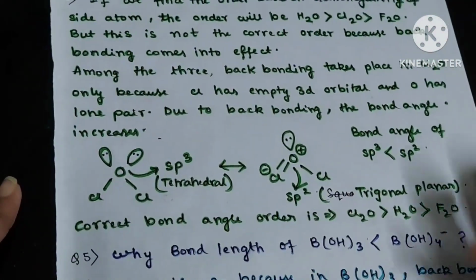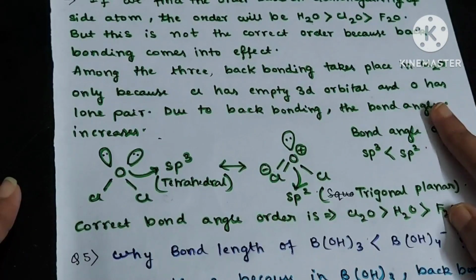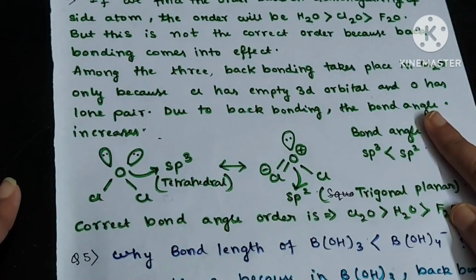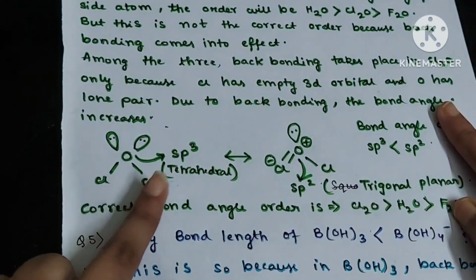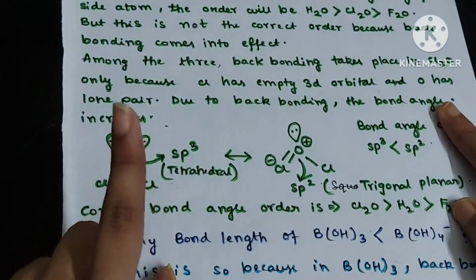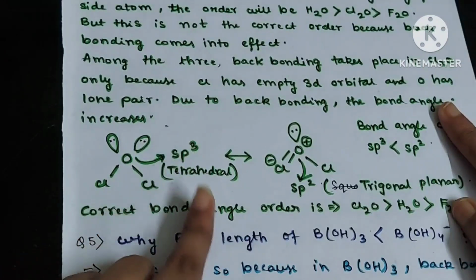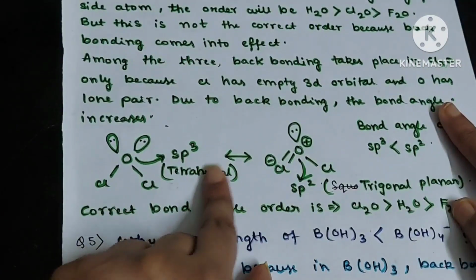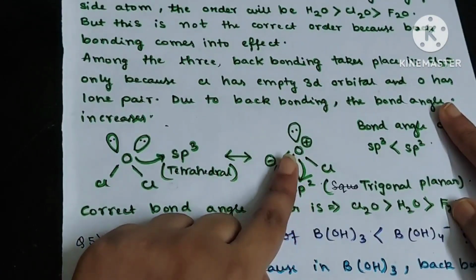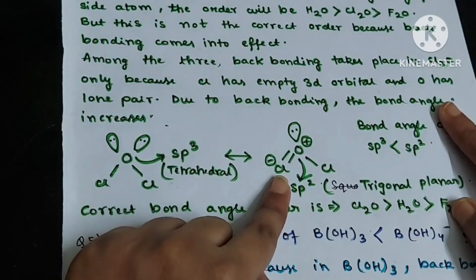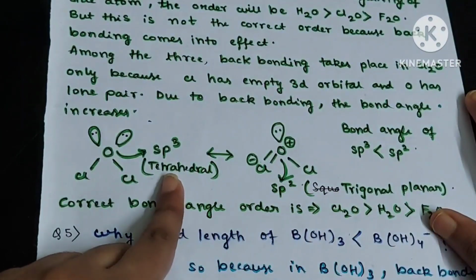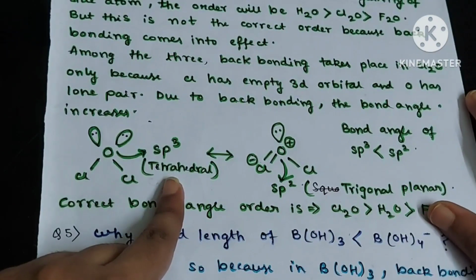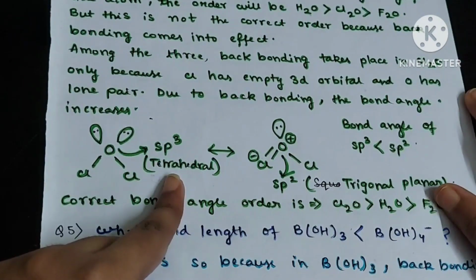Due to back bonding the bond angle will increase. Why? Because due to back bonding, the hybridization that was sp3 tetrahedral is converting to sp2, as double bond character comes into effect, and the shape is turning from tetrahedral to trigonal planar.